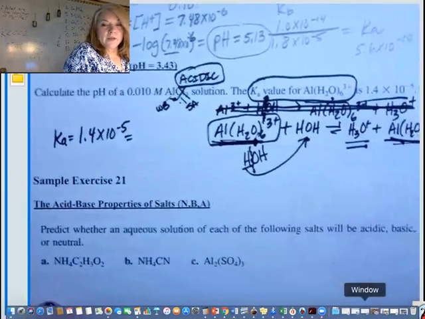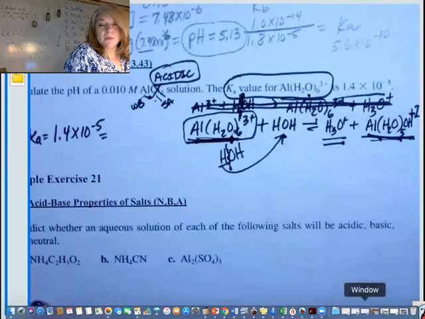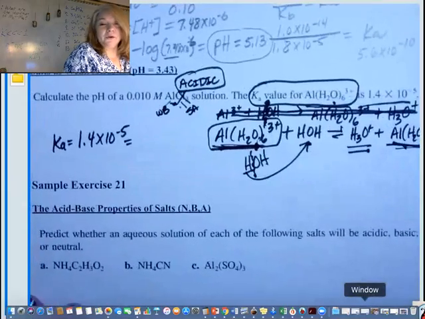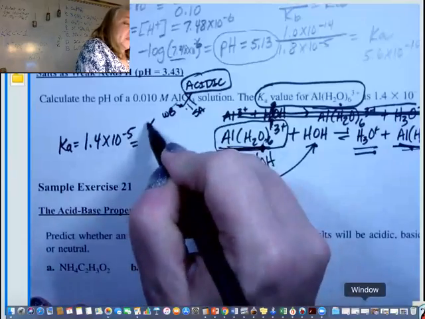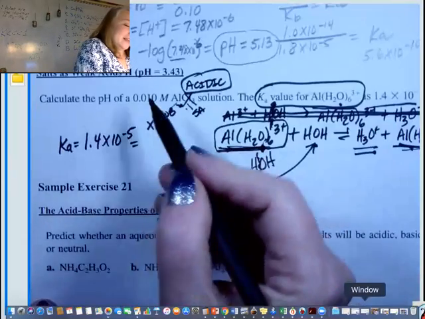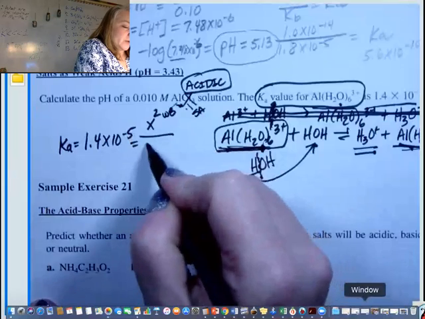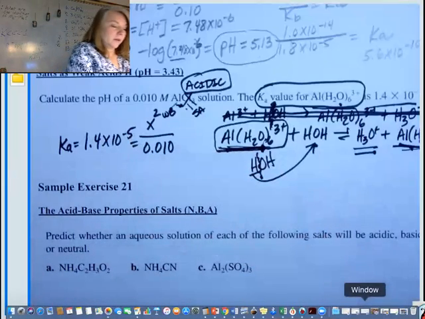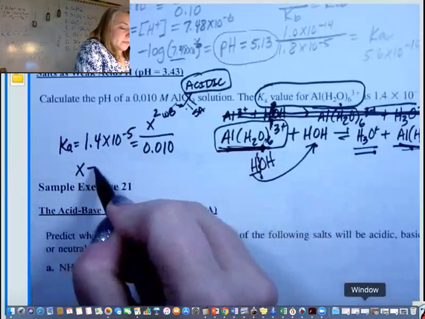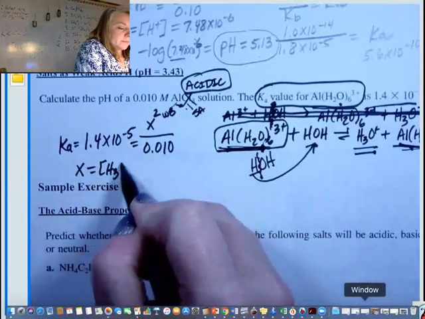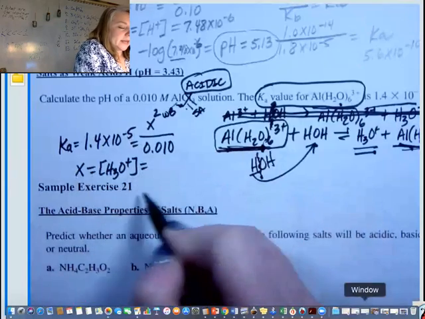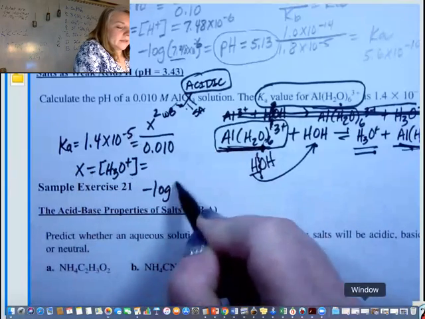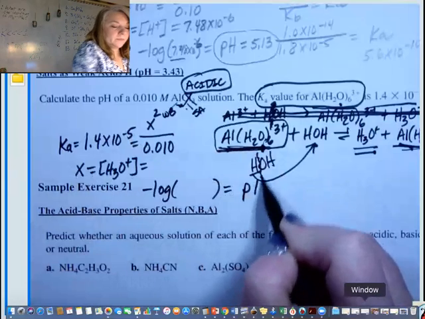If y'all want to write all that out, you're more than welcome to, but I'm running out of room on my paper, so I'm going to put x squared, okay? And then on the bottom, we're going to put 0.010. And when we solve for our x, that's going to be our H3O plus, and then we can take the negative log of that, and that's going to give us our pH.